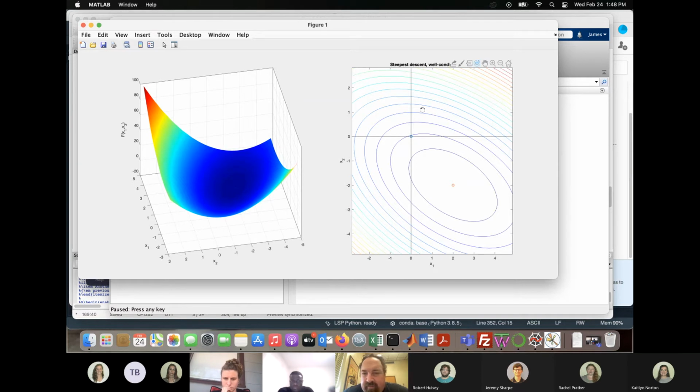Now over here, I have a contour plot of phi. And so here's the origin. So that's my initial guess, 0, 0. Over here is the exact solution, which happens to be 2 and minus 2. So I'm going to show you the progress from my initial guess to the exact solution.